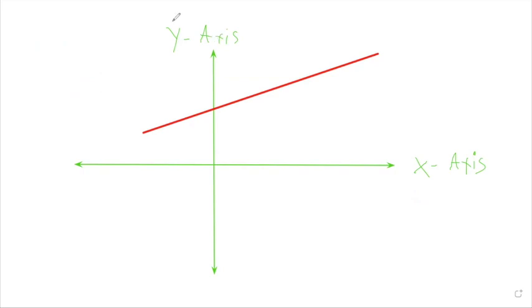I've drawn that line in this coordinate plane, and I want to work out the equation of this line. For me to know the equation, I need two pieces of information: the slope of this line, which is generally given by the letter m, and the y-intercept, which is given by the letter c.